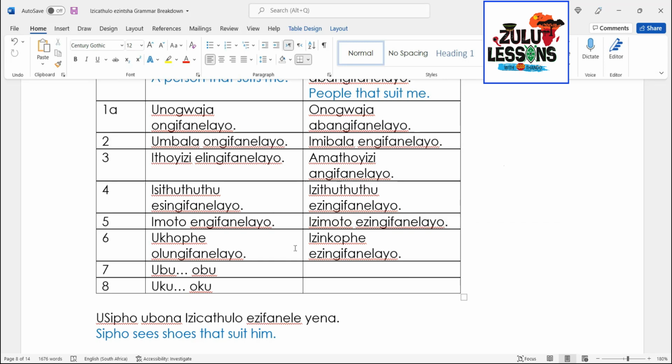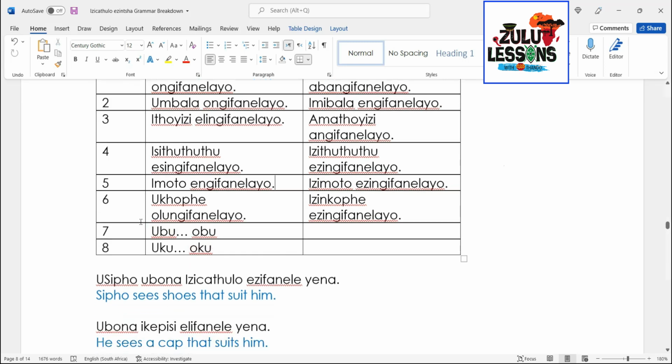Just a reminder, we've spoken about this before. And then a class 5 noun, ukophe. I thought it works because ukophe being an eyelash and people now buying and putting on fake eyelashes, maybe it works as an example to say eyelashes that suit me.